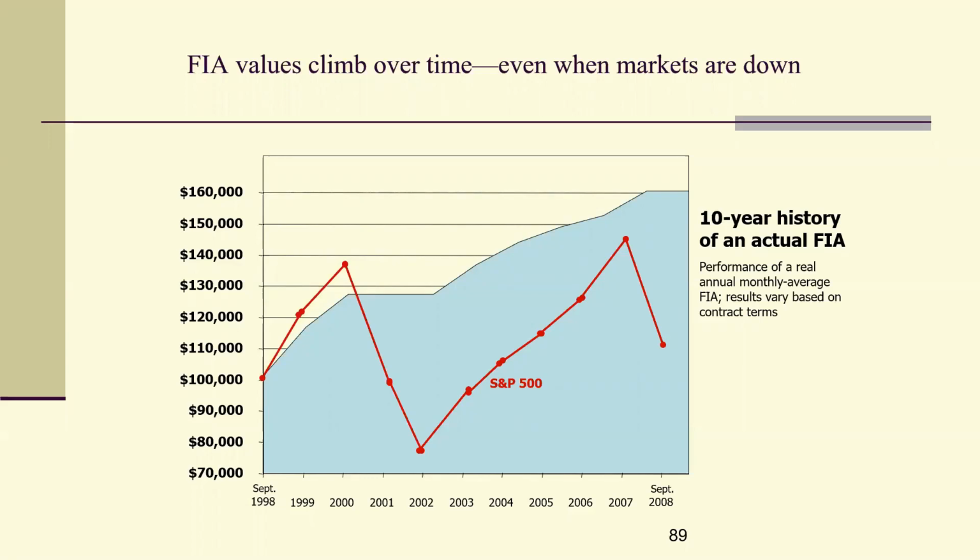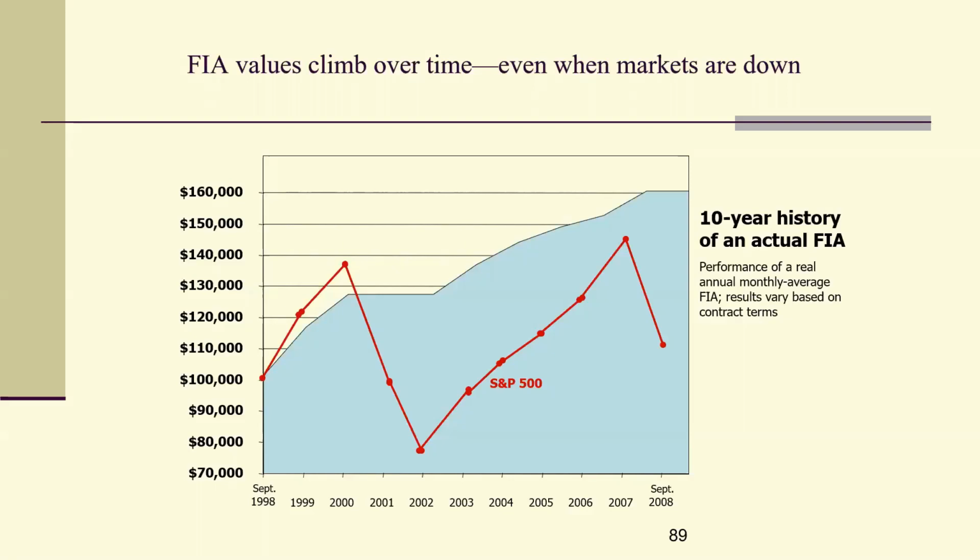Now, had you been invested in a portfolio that was representative of the S&P 500, you would have started in this example in 1998 with $100,000, and between 1998 and 2000, you would have enjoyed considerable growth in the contract. So your ending value in the year 2000 would be just under $140,000.